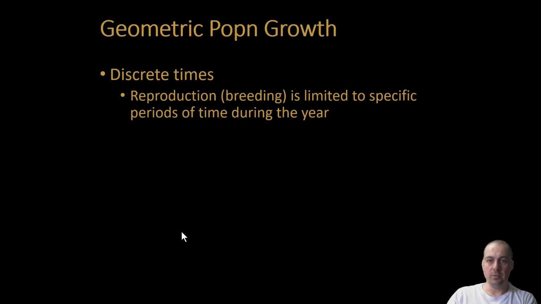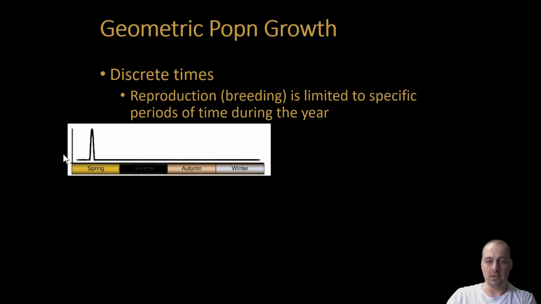For geometric population growth, the birth will occur at discrete times of the year. The reason for this is that reproduction, which is dependent on the breeding season, is limited to specific periods during the year.